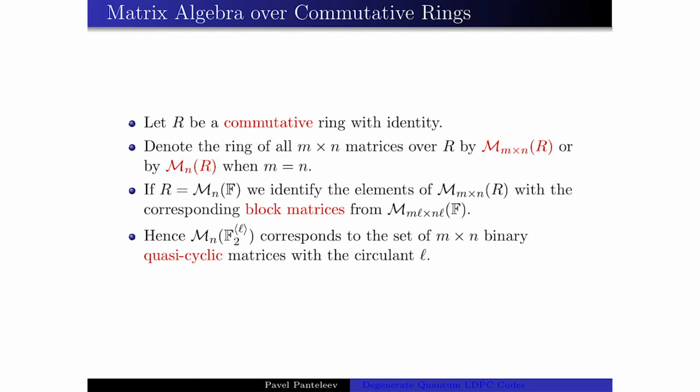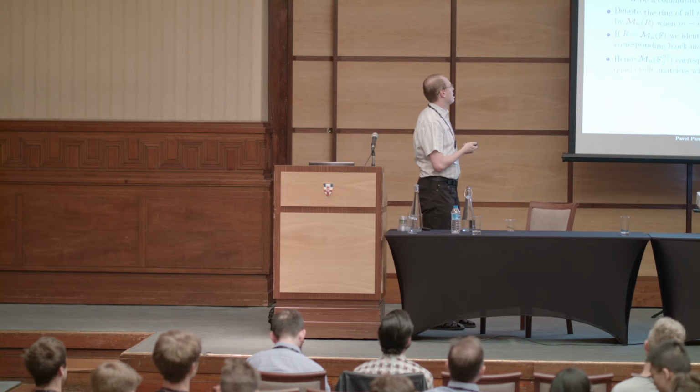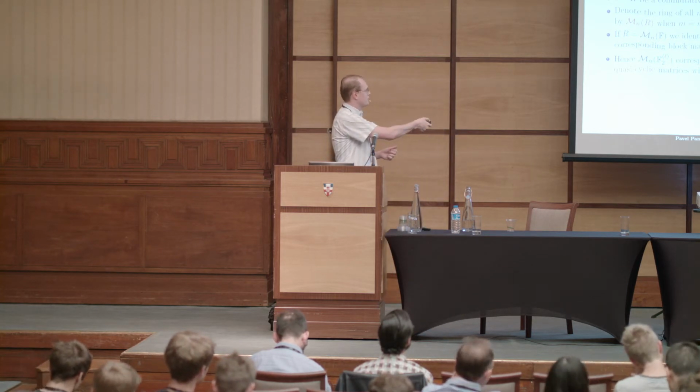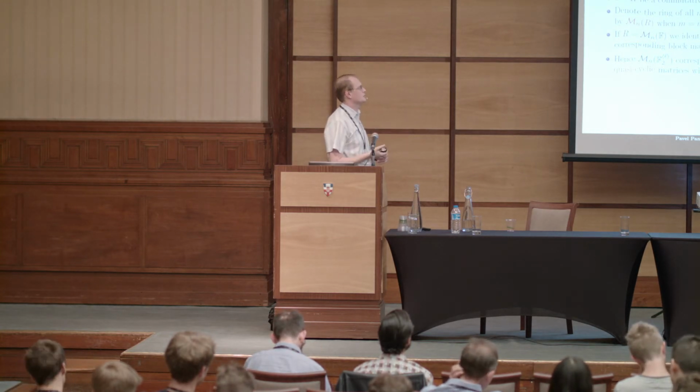And we identify the elements of these matrices over the ring with the corresponding block matrices. So we have a matrix over some ring, usually some matrix ring, and we identify it with the corresponding block matrix. For example, if we take the ring of circulants with circulant size L, this corresponds to the set of quasi-cyclic matrices.